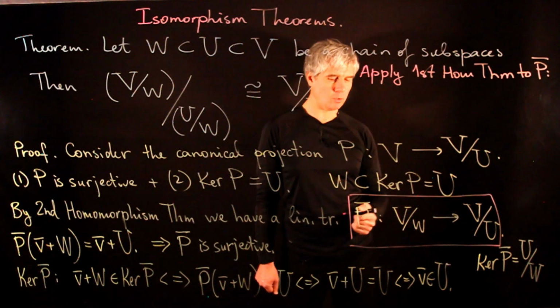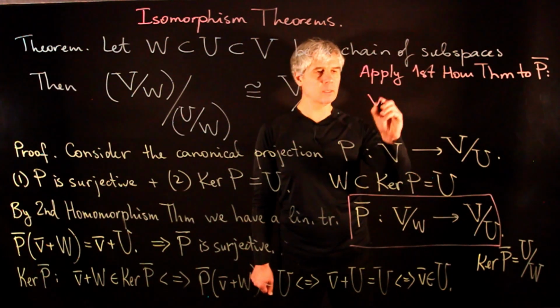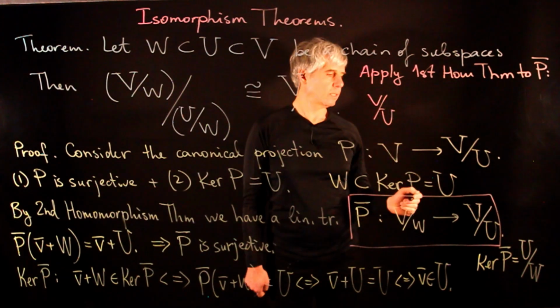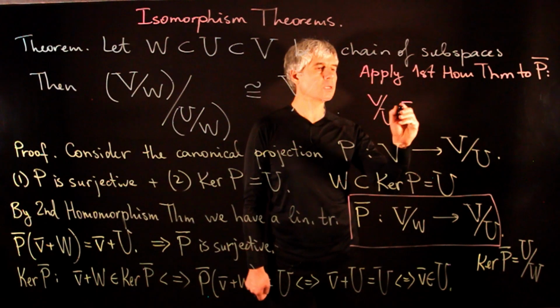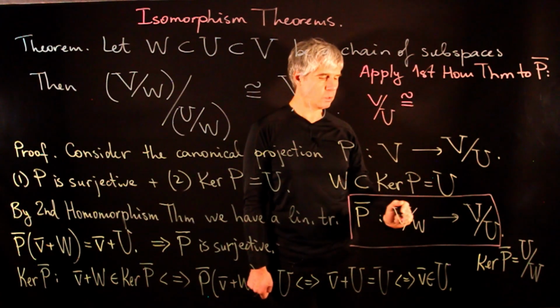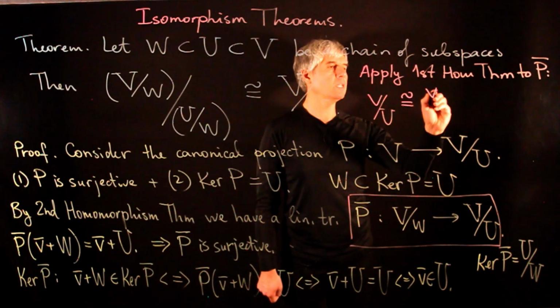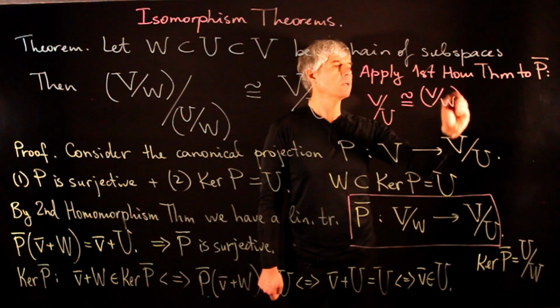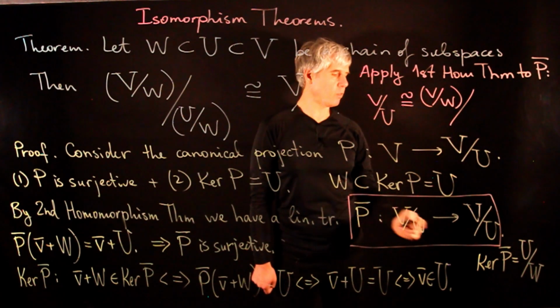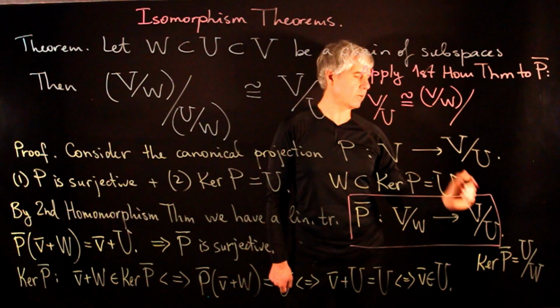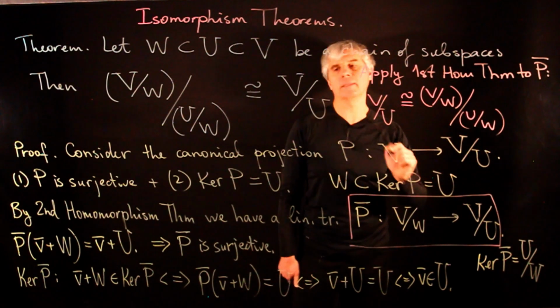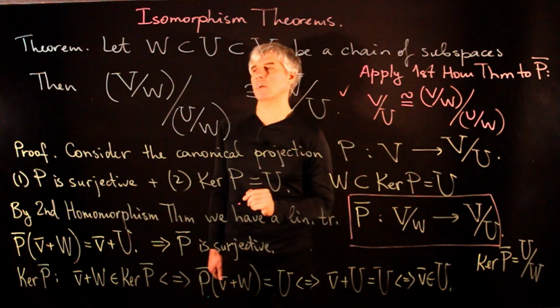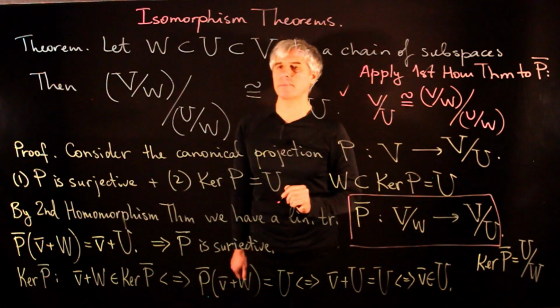So the image of P bar is V quotient by U. And by first homomorphism theorem, we get that this image is isomorphic to the domain V quotient by W, quotient by the kernel of P bar, which is U quotient by W. And that's exactly what we had to prove in this theorem.